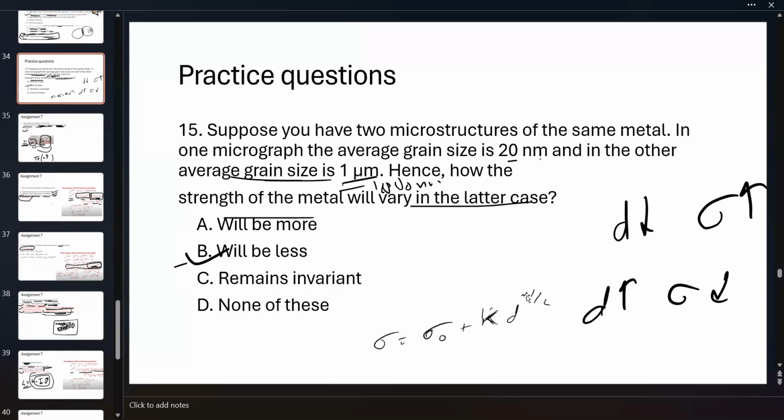Since D is larger, this term will decrease and your sigma will decrease. So the strength will be less in the latter case.